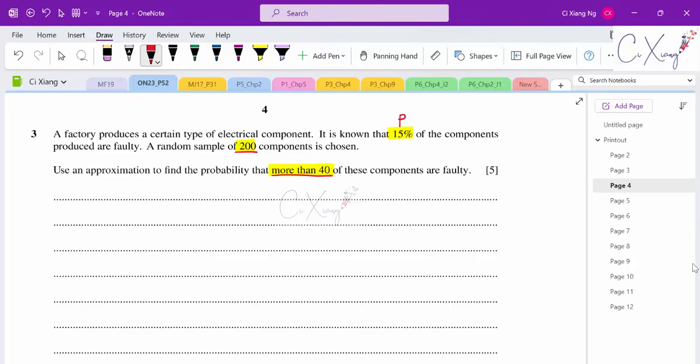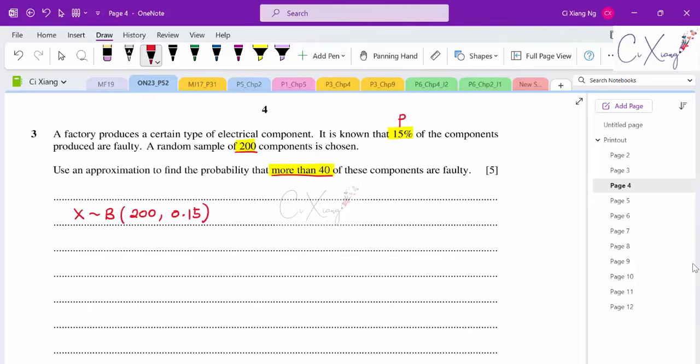According to question number 2 just now, you can see the structure is very similar. Actually this belongs to binomial distribution. But now our n is a bigger number, which is 200. And then what is the p? P is 0.15, which is 15%.